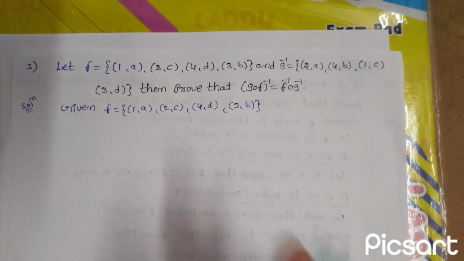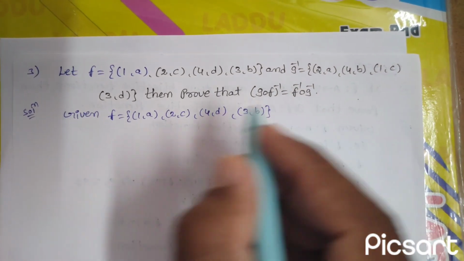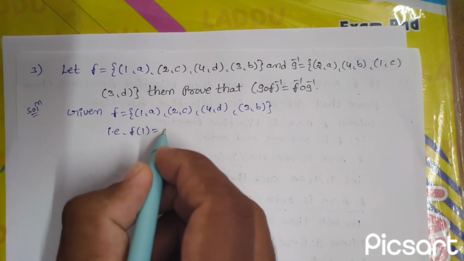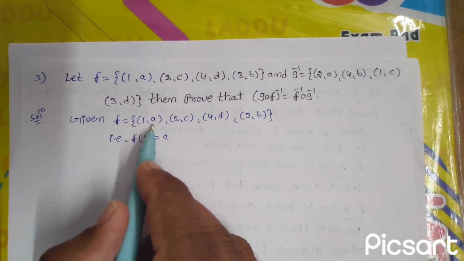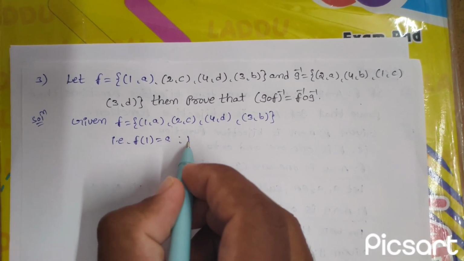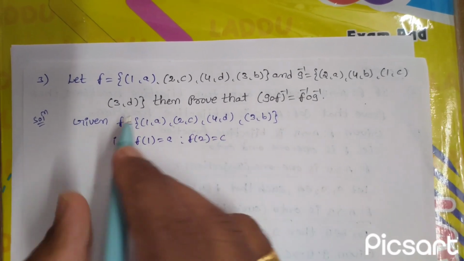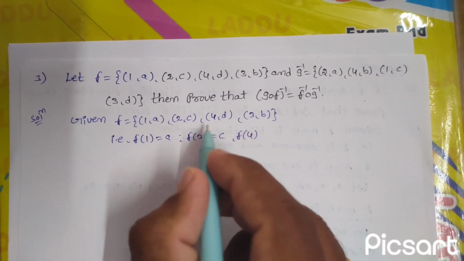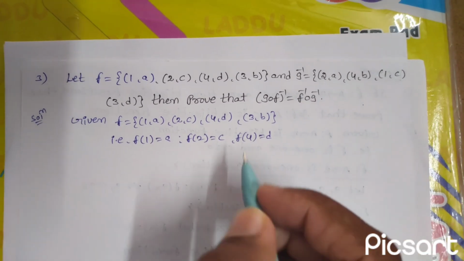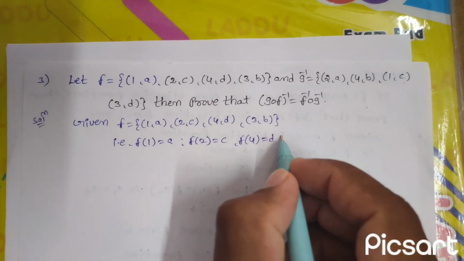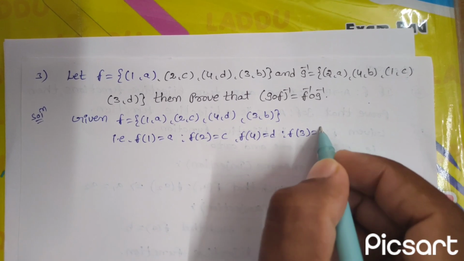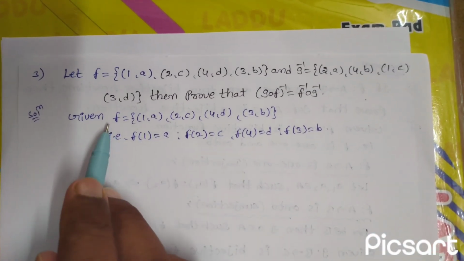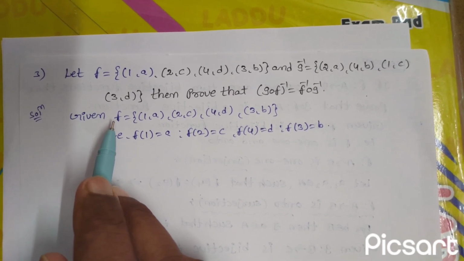So here in this function, f of 1 value is a, f of 2 value is c, f of 4 value is d, f of 3 value is b, according to the mapping of the given function f.